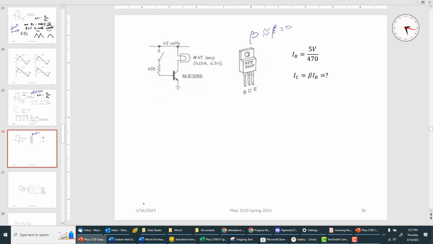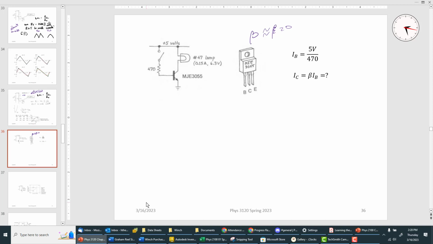And you can actually measure the current here. And you can measure the resistance of the lamp. A lamp's resistance changes when it turns on. But you can measure IC, and you're going to notice that it's not as big as beta times IB, even if beta is as low as 20.